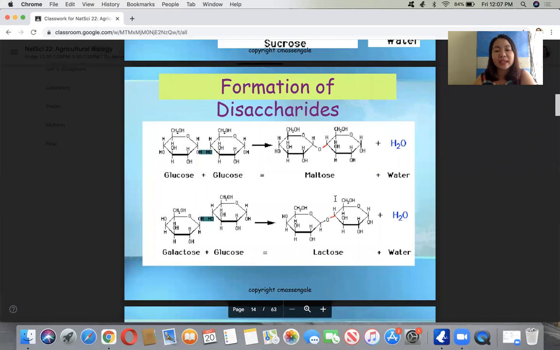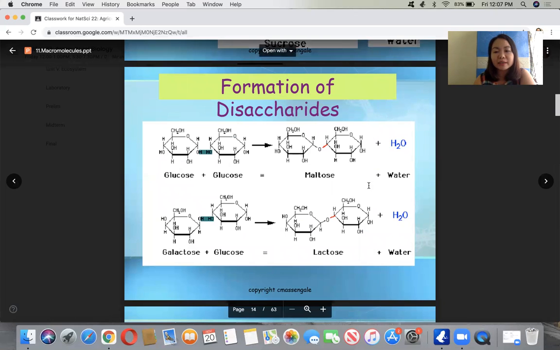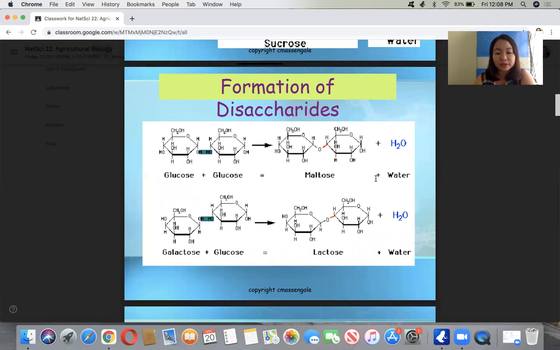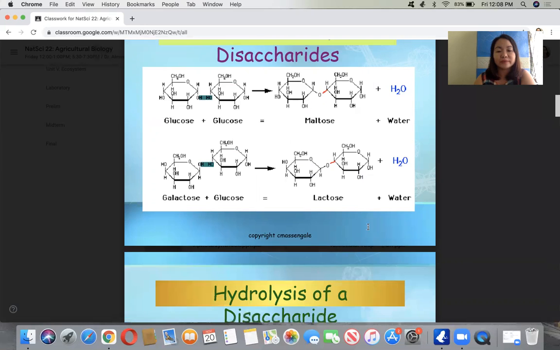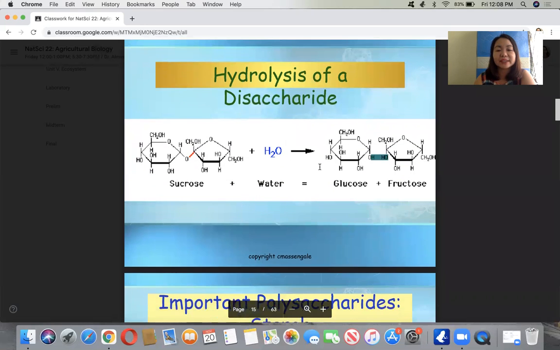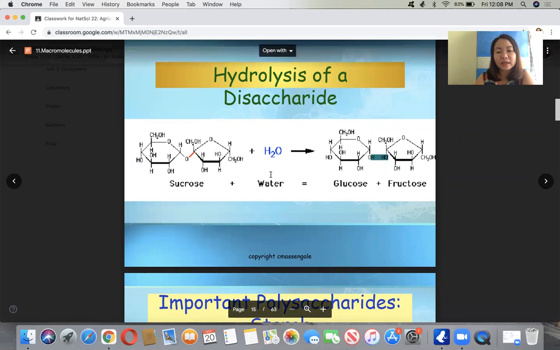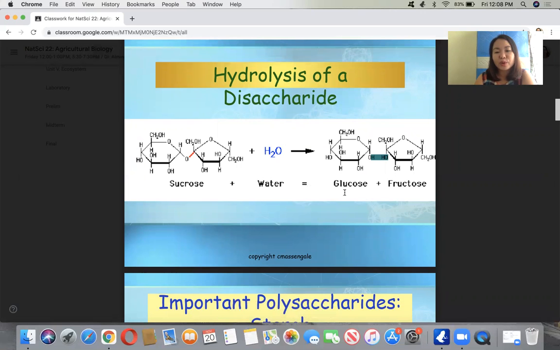Another example is glucose plus glucose, which is maltose, with the release of water, while galactose plus glucose is lactose, with the release of water. In the hydrolysis of a disaccharide, sucrose with water added will form glucose and fructose.